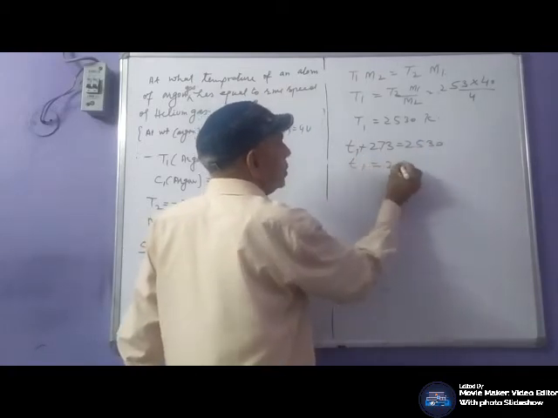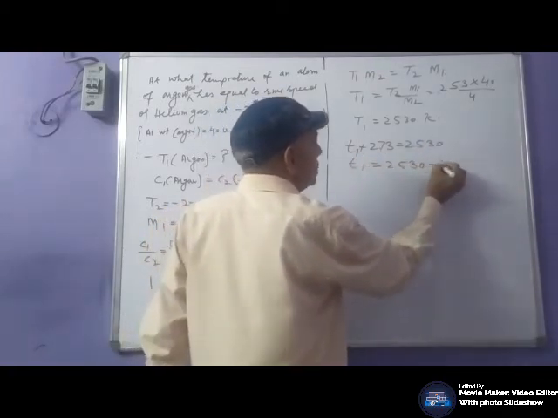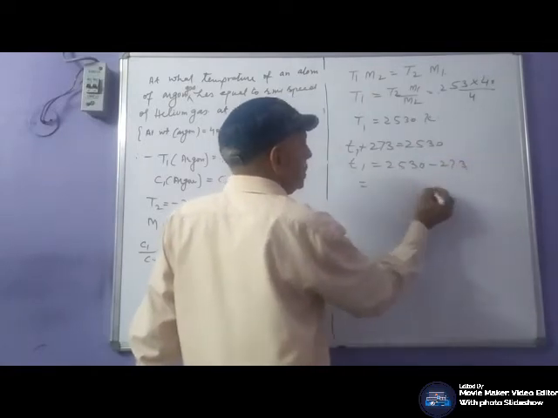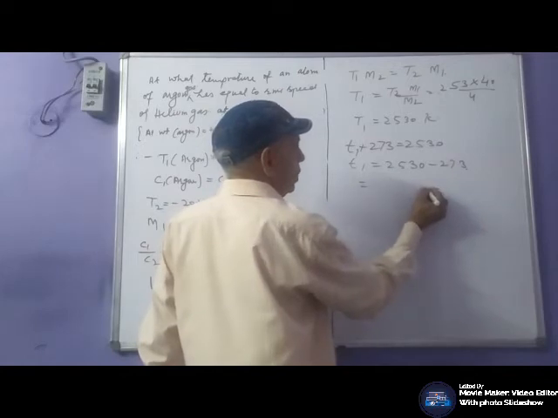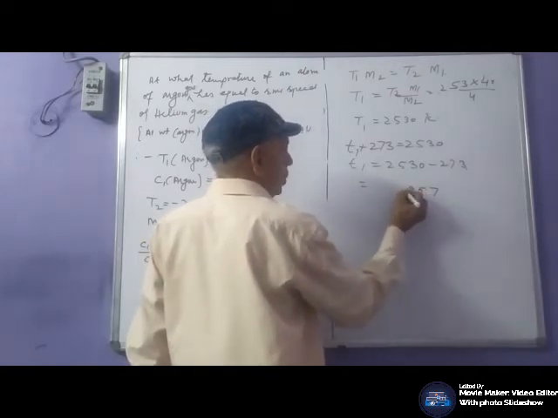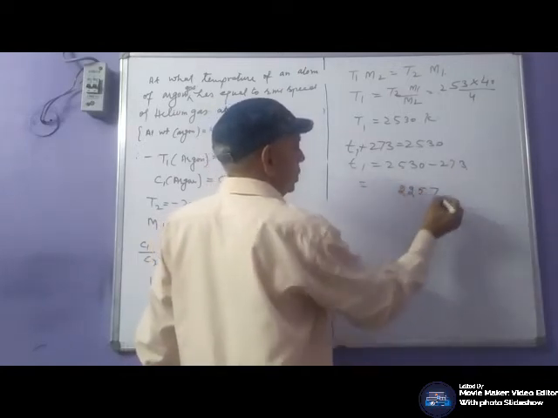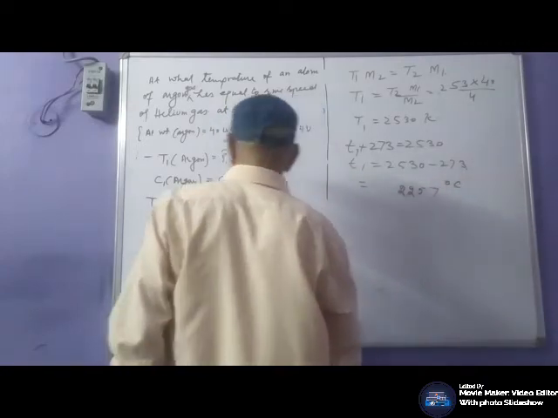T1 is 2530 minus 273, it is 2257. It is 2257 degrees Celsius.